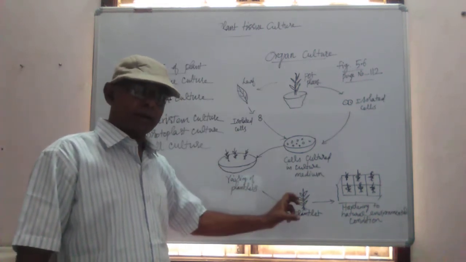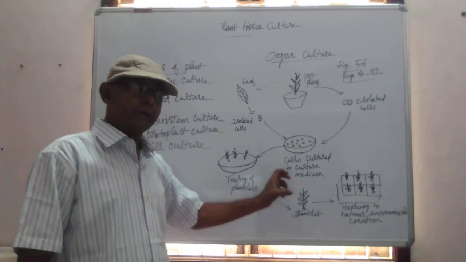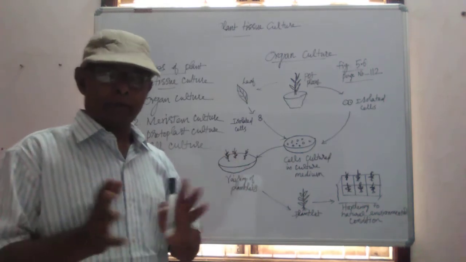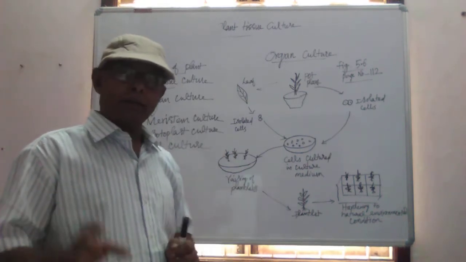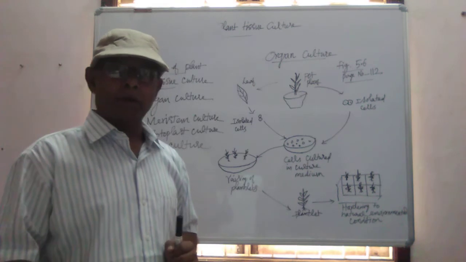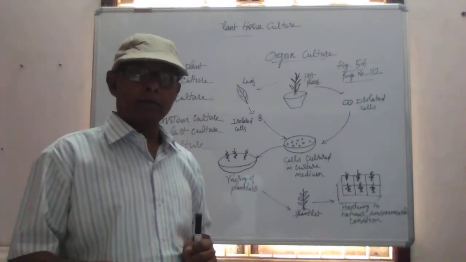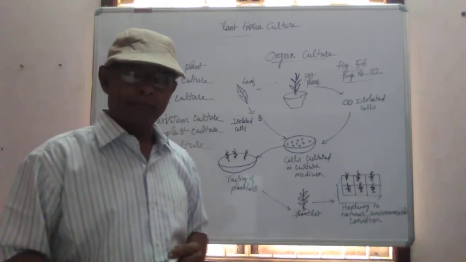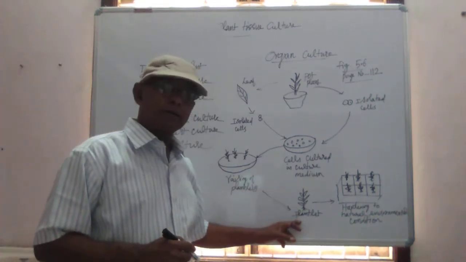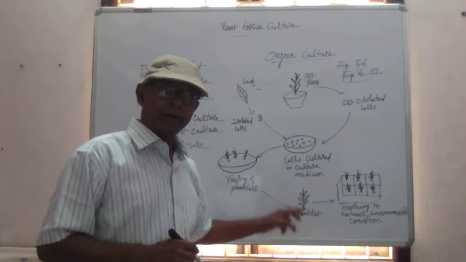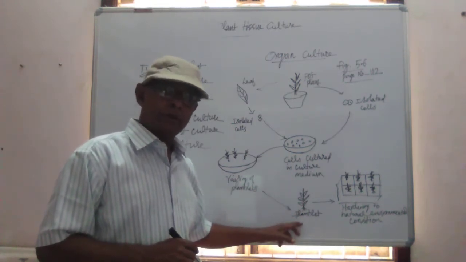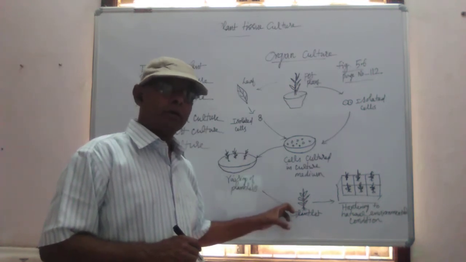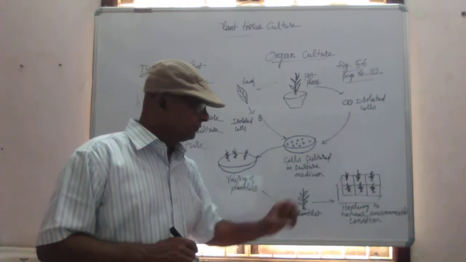If you grow the plantlet directly, the light, temperature, and humidity will not suit it. The plantlets are very small, very delicate, very soft, and should not be exposed directly to the sunlight. So these plantlets should first be grown in the greenhouse, in the polyhouse. Only then can they be introduced to the natural field.